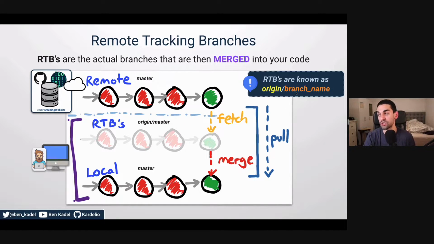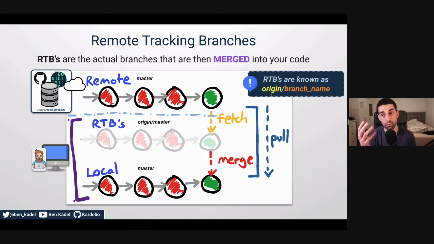One little note that is super important, and I want you to remember this if you've forgotten everything else that I've just said. Remote tracking branches are visible to you. You can see that a remote tracking branch exists, and it is named thusly. The back half of a remote tracking branch is the same name as your branch. So if it was master, you'd have master. But it has in front of it the name of your remote, with a /. Remember, origin is just a nickname for the server.